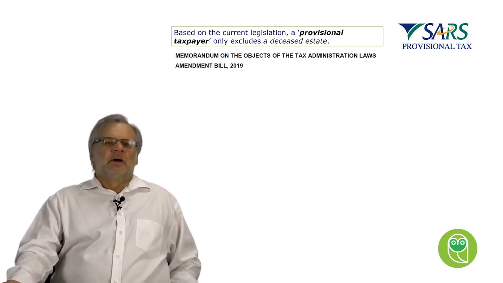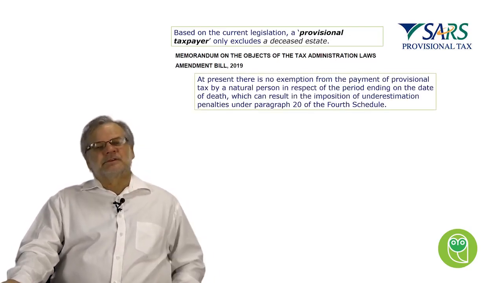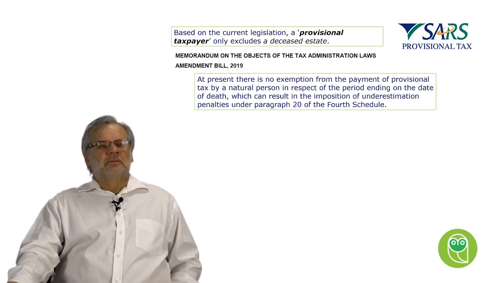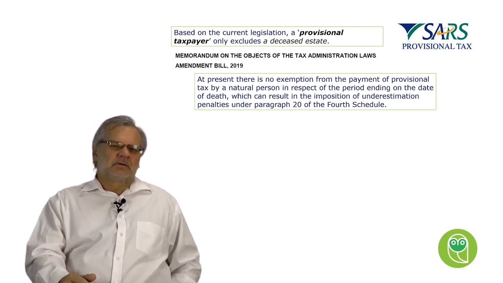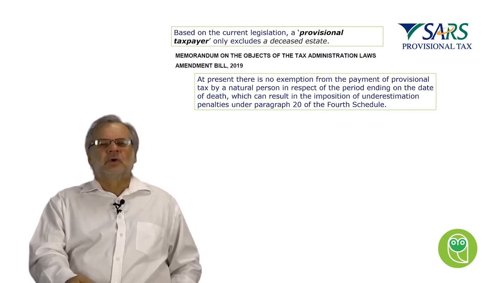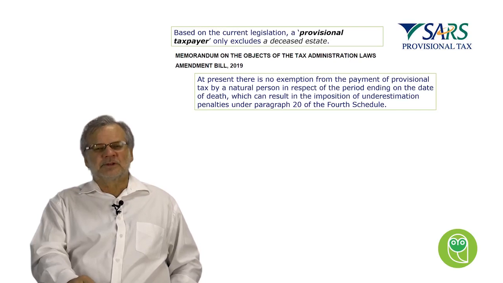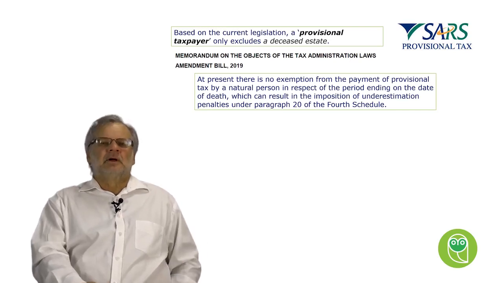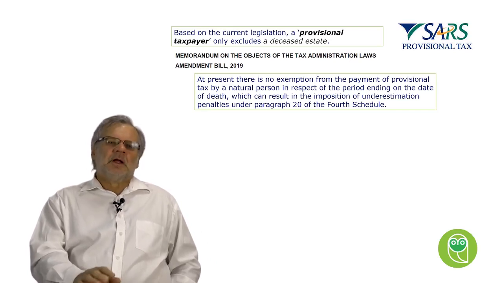We've been lobbying for this for a while, that really should be fixed. And SARS acknowledges now, and this is only the draft, we have seen some comment on that, but the bill has not been tabled in Parliament yet, so we don't have a final memorandum of the objects of the Tax Administration Laws Amendment Bill.